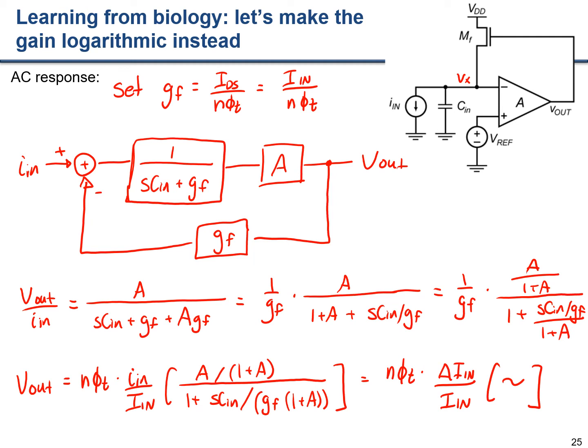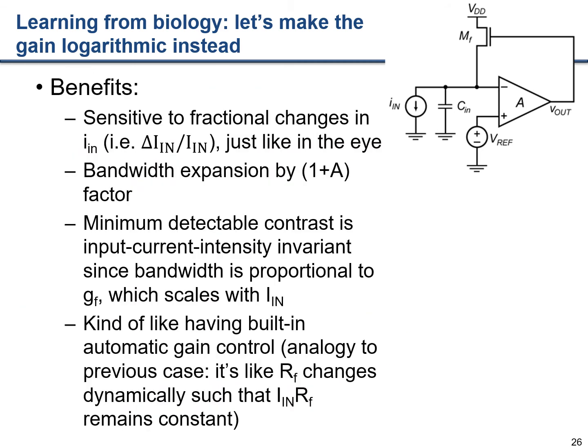Okay, so if you recall, this is exactly like what the eye is doing. It's sensitive to fractional changes in the input current, or in other words, it's sensitive to contrast. So that's exactly what's shown on this slide here. We're sensitive to fractional changes, delta I in over I in, just like the eye.